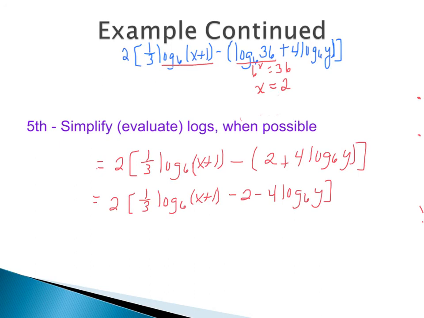And then finally, distributing the 2, another possible solution would be 2/3 log base 6 of x plus 1 minus 4 minus 8 log base 6 of y. And in that last form, you don't need any parentheses other than the ones to show what's connected or attached to inside of the logarithm.